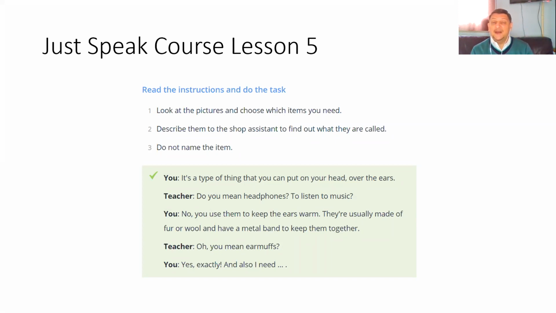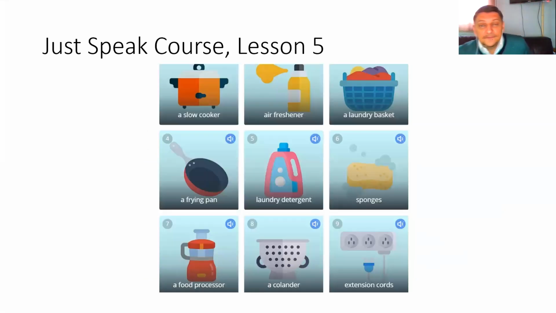So this is the same kind of taboo game which you took a look at a little bit earlier in the day, and that's how you do it. Here are the objects: a slow cooker, an air freshener, a laundry basket, and so on. What would you say about this kind of exercise? Is it communicative enough?